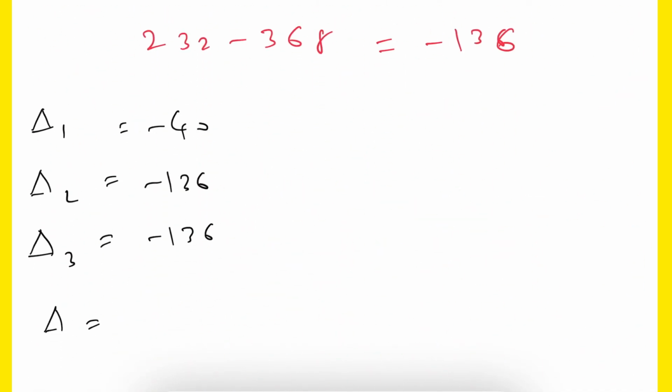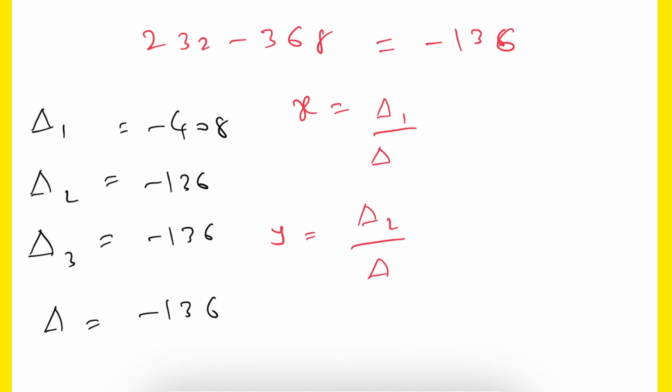Delta 1 is minus 408 and delta also minus 136 only. Okay, now let us find out the x, y and z values. So x is nothing but delta 1 by delta, y is nothing but delta 2 by delta, and z is nothing but delta 3 by delta. Delta 1 minus 408 by delta minus 136.